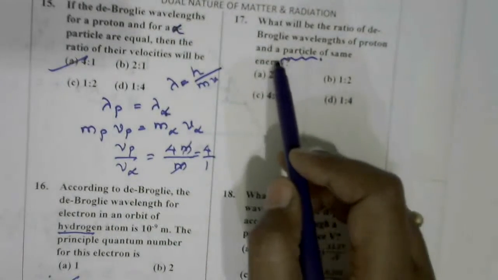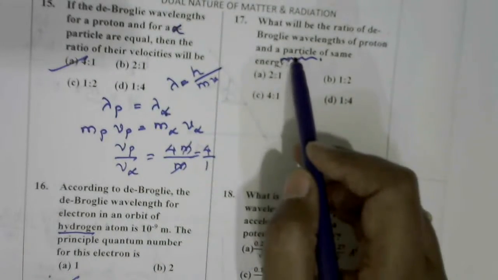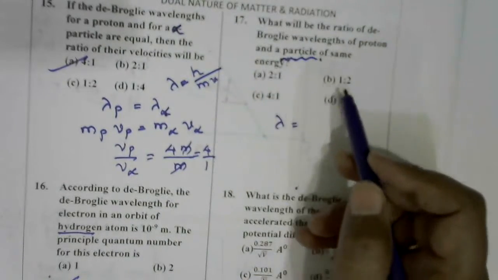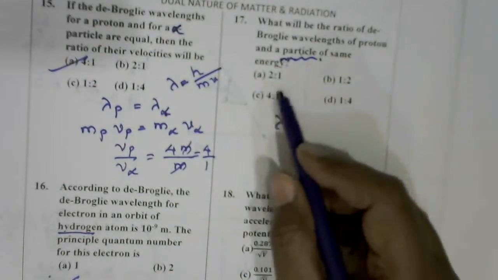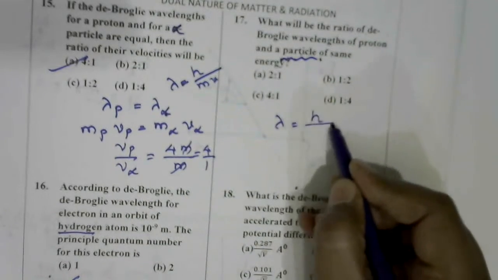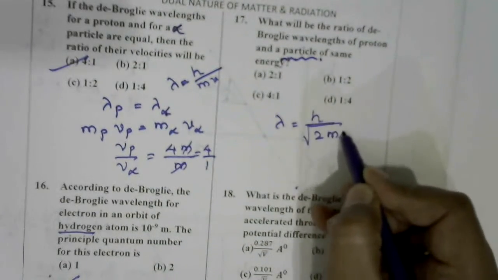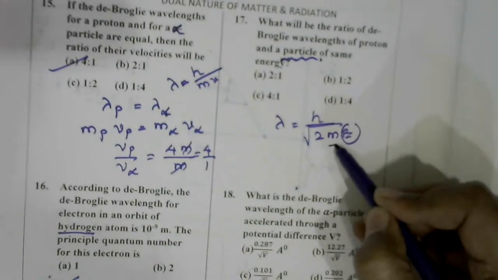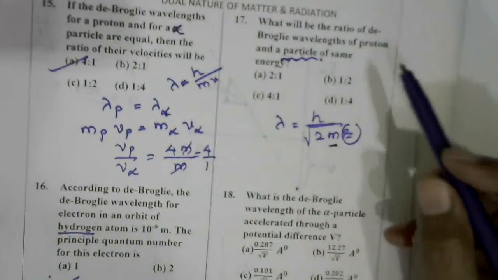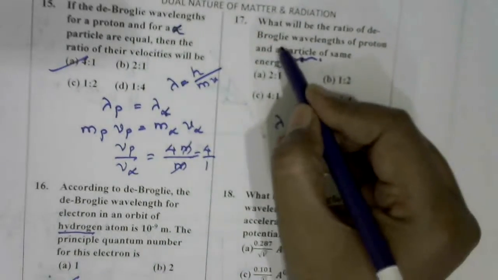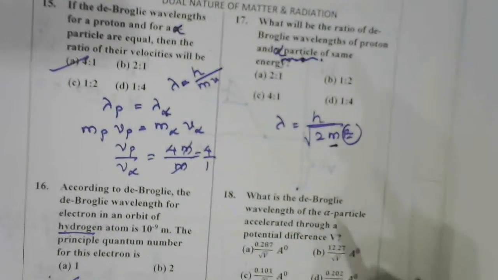I'm also reading it just now. If you use the equation lambda equal to h by square root of 2m E, their energies are equal, but what about their masses? To compare the masses I need that particle. Maybe it may be alpha. Let us check with alpha.